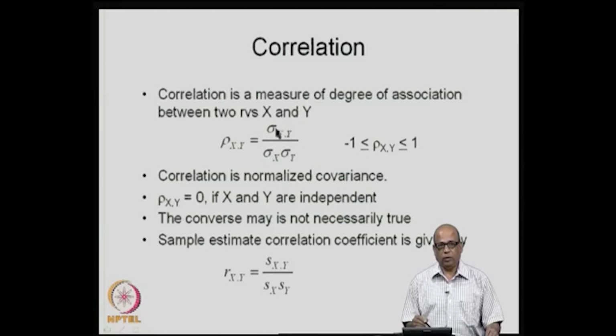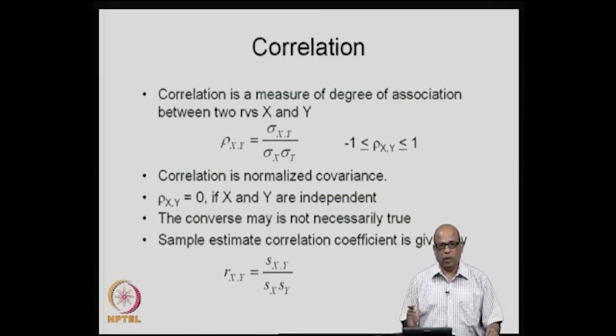So, we are normalizing the covariance sigma x y with respect to the standard deviation of x and the standard deviation of y. As you can see, sigma x y had the units of x multiplied by the units of y.